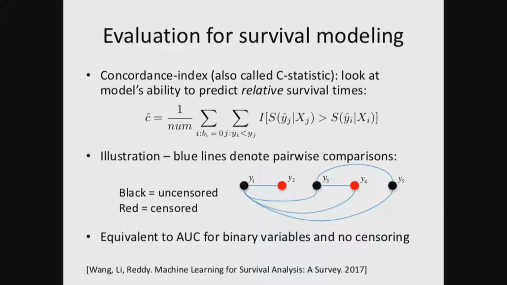What you want is that the likelihood for the event that, in essence, should occur later should be larger than for the event that should occur earlier. I'm going to first illustrate it with this picture, and then I'll work through the math. So what I'm showing you here are every single observation in your data set, and they're sorted by either the censoring time or the event time.